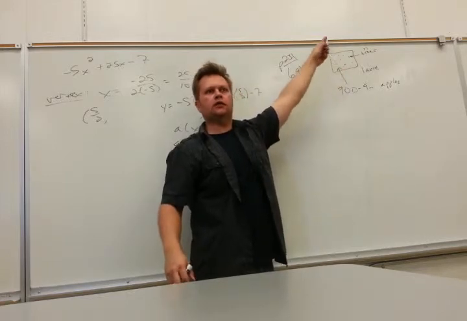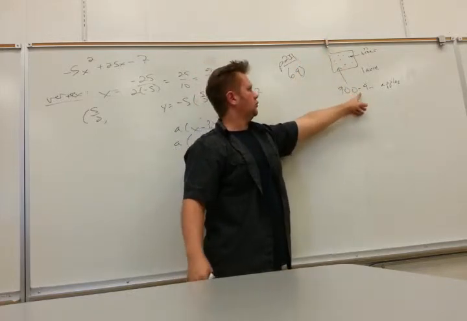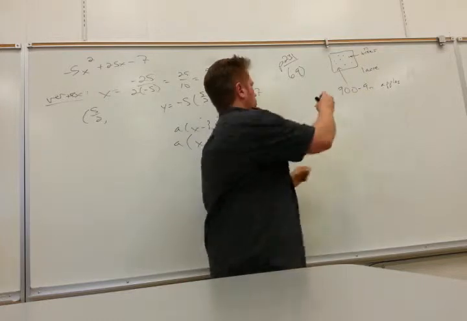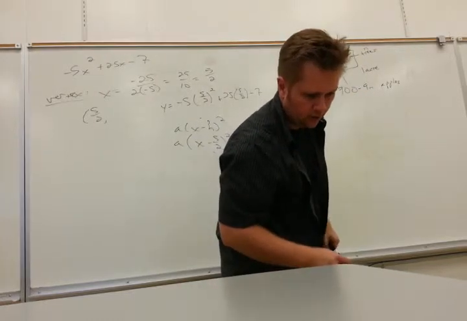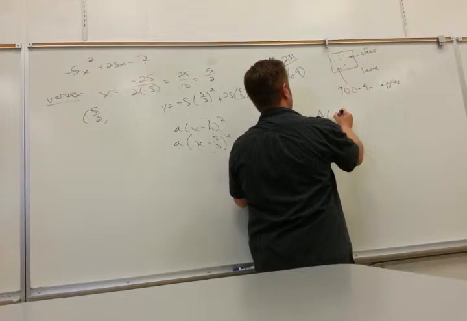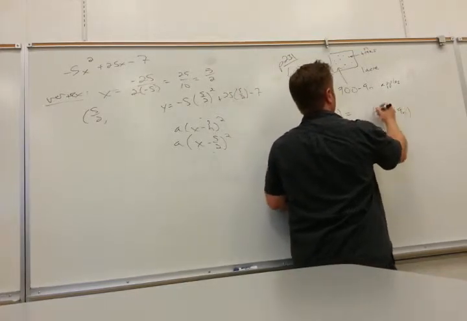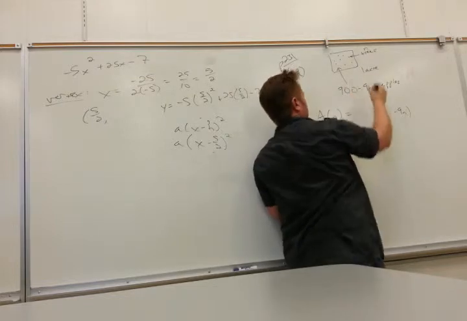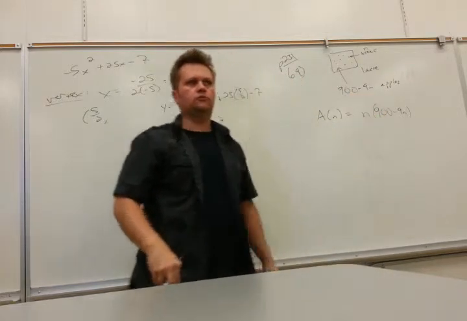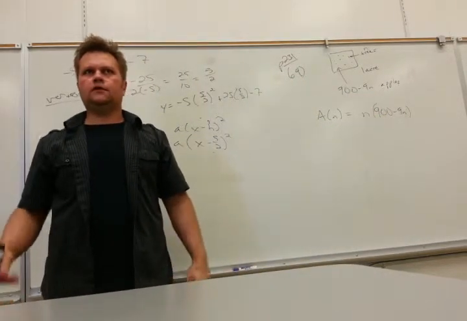How many trees are there? n. And each tree produces this many apples. So what's your total? They use the letter A, which I guess makes sense for apples. So each tree makes this many apples, and there are n trees, so there are this many apples total from that acre. Kind of makes sense.